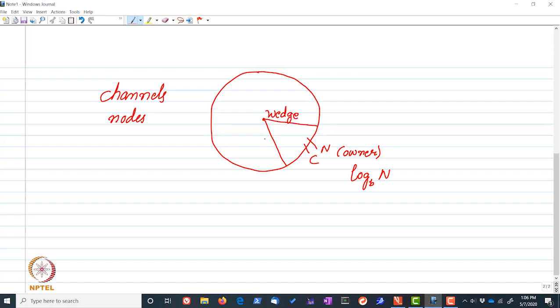With every wedge we define a polling level L. The polling level L basically means that there are L matching prefix digits with the channel ID.